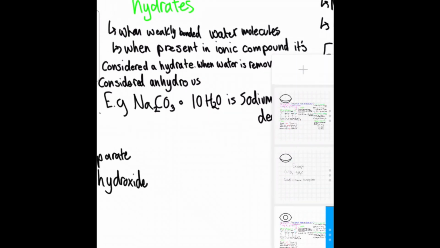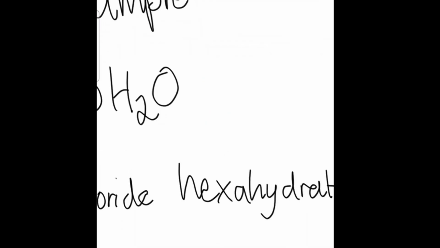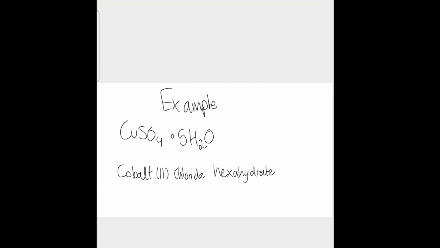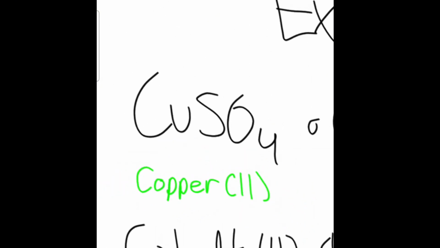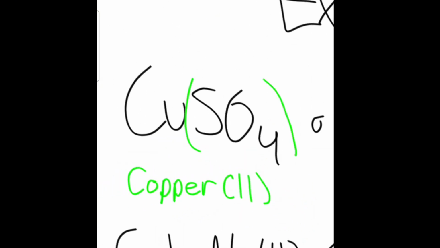I think we have some examples. Okay, so here's some examples. We know this is copper, right? So what is its charge? Well, sulfate has -2, and copper can have 1 or 2, which means it's 2 because there's no bracket putting 2 and 2.